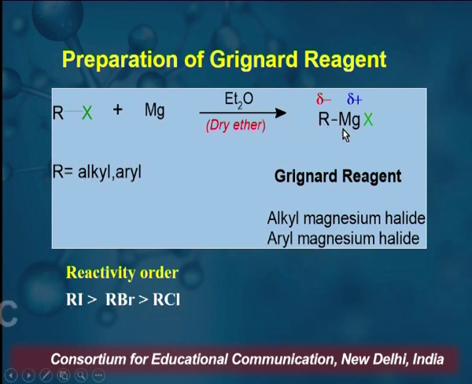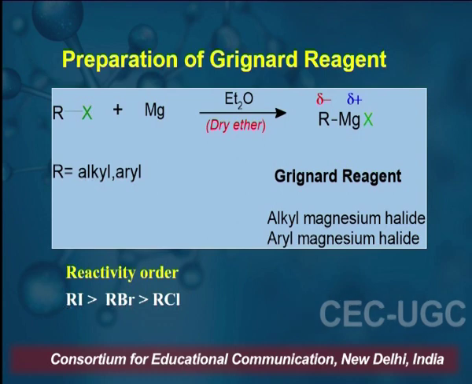This we have already studied, and the reactivity order is RI, that is, iodoalkanes will react much faster as compared to bromoalkane and as compared to chloroalkane. So, we have to keep this in mind, and that dry ether is the important reaction condition, and that we have seen here in this reaction.